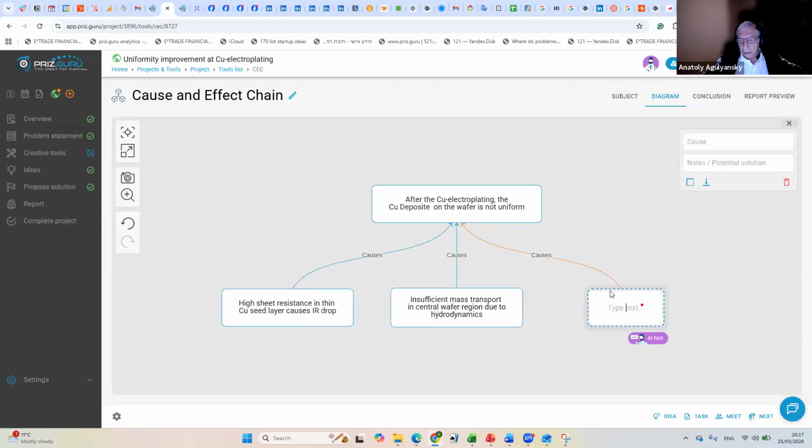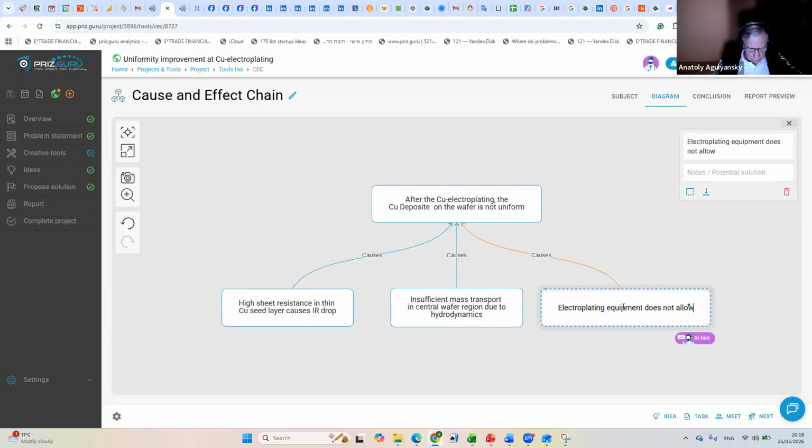You know, I want to add manually: electroplating equipment does not allow making uniform copper deposition.